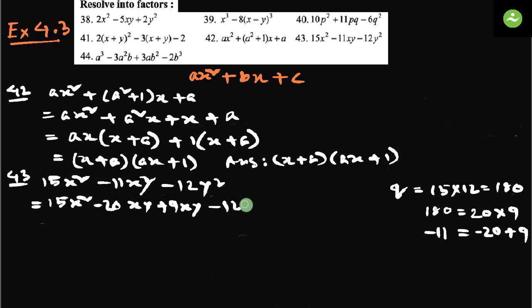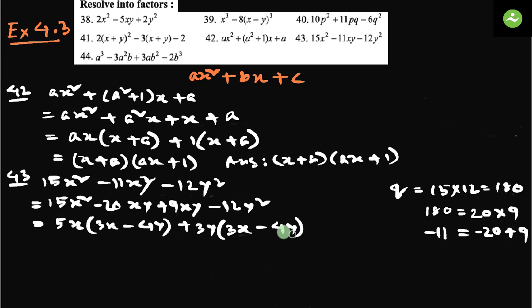minus 12y square, equals to, what can we take common? 5x. So (3x minus 4y) plus, take common 3y, then (3x minus 4y).